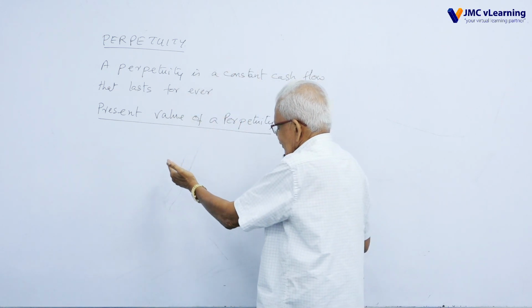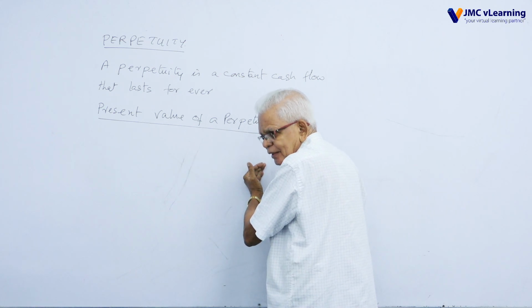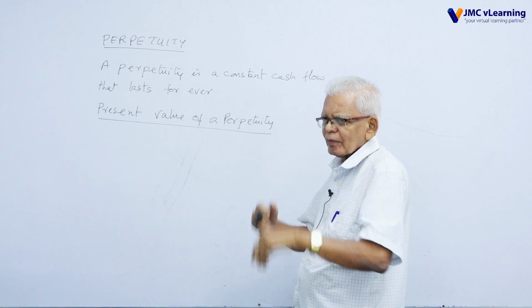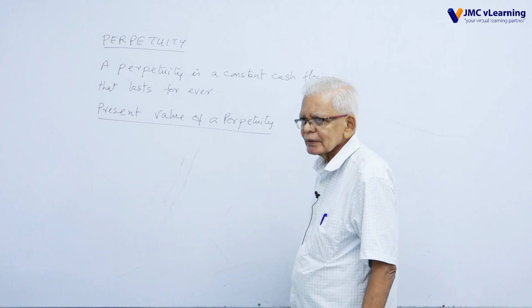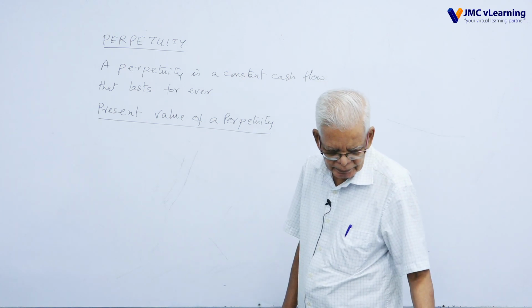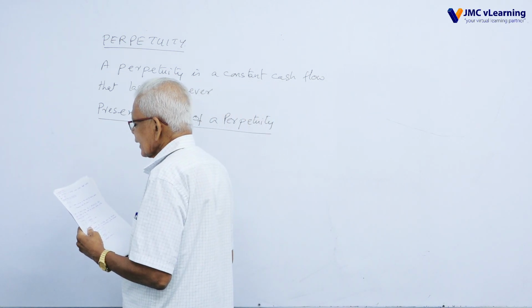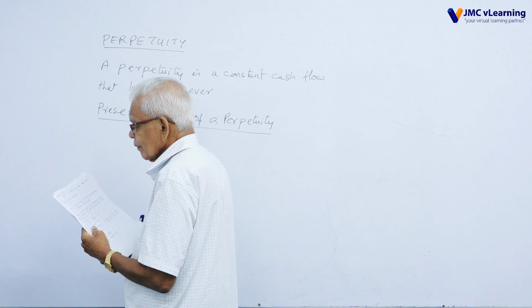Before, we dealt with 10, 15 years, a certain number of years; now make it an infinite number of years. Then the formula is this. Perpetuity is a constant cash flow that lasts forever.